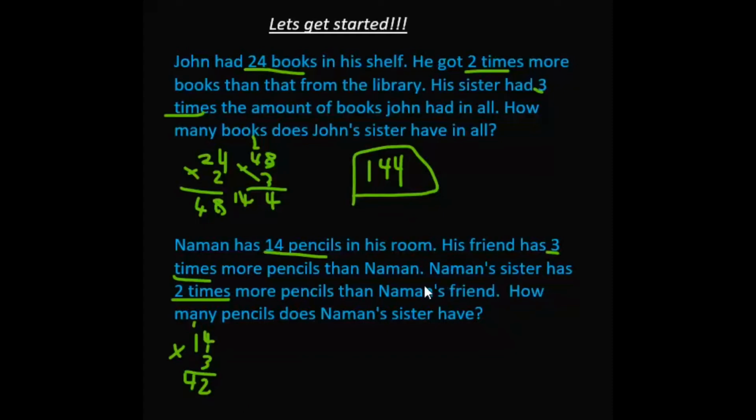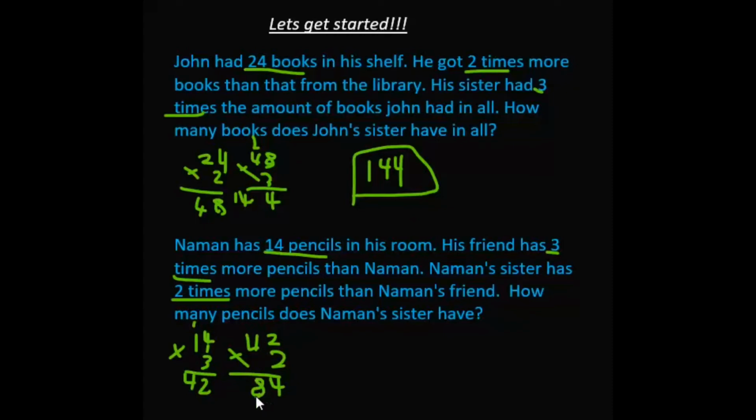But then wait, my sister has 2 times more pencils than my friend, and my friend has 42 pencils. So now to find out how many pencils my sister has, which is what we're going to have as the answer too, we have to do 42 times 2. So now 2 times 2 equals 4, and then 2 times 4 equals 8.